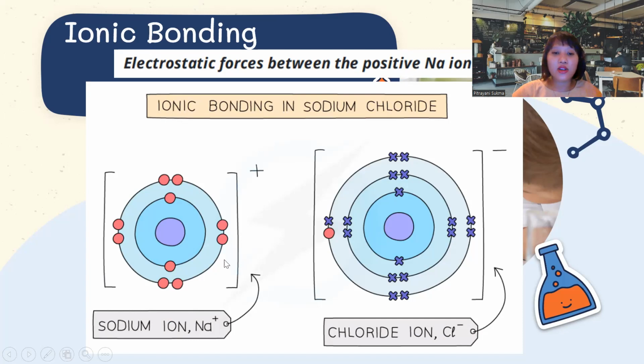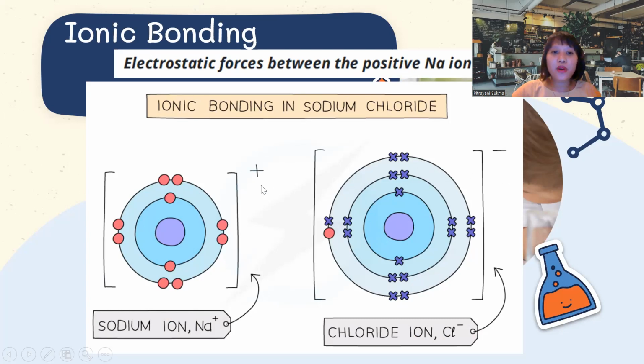The electron from the sodium can go to the chlorine atom to become a chloride ion. The chloride ion also becomes more stable because the 7 valence electrons in the last electron shell gain 1 electron, so they become 8. So the third shell becomes full, and it becomes negatively charged.